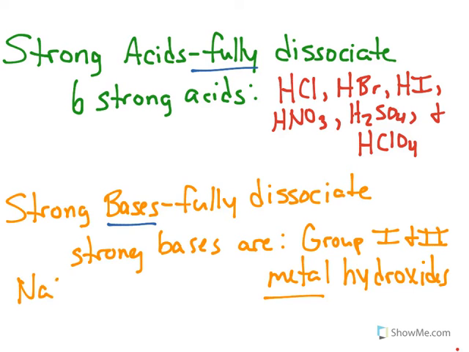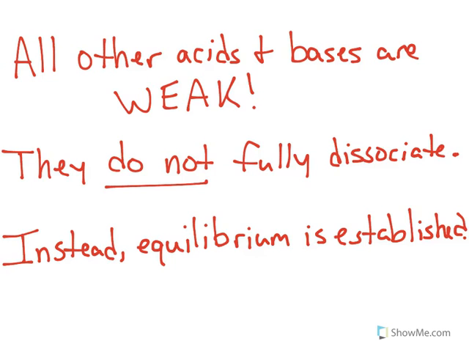For example, sodium's in group 1, so if you combine that with an OH, that'd be sodium hydroxide, which is a strong base. Calcium is a group 2 metal. Now it has a 2 plus charge, so it will take 2 1 minuses to cancel that out. But nonetheless, it's a group 2 metal hydroxide. So as far as AP chemistry is concerned, we're going to assume that calcium hydroxide is a strong base.